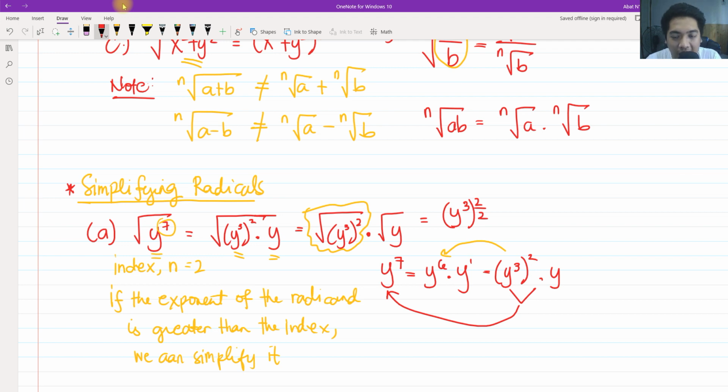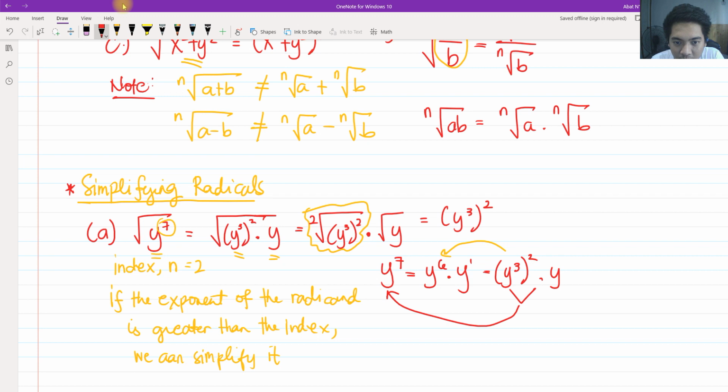Of course, we have y cubed raised to 2, that is our exponent, and whatever the index is becomes the denominator.